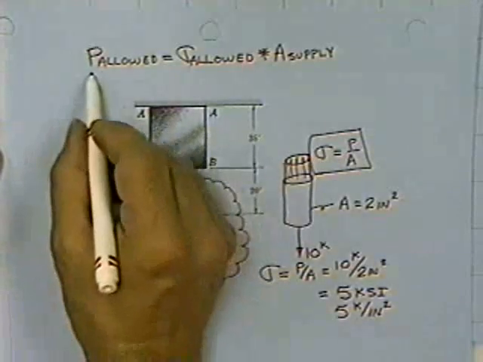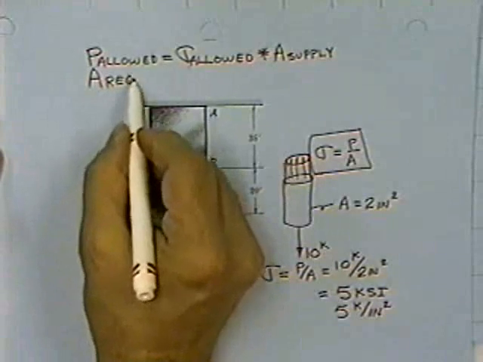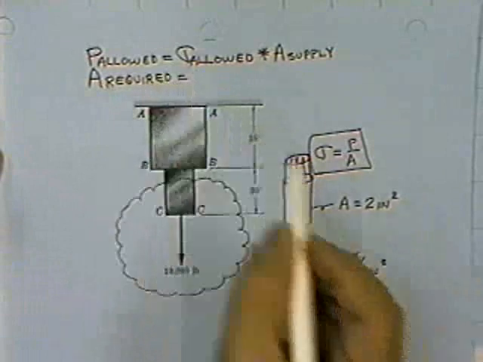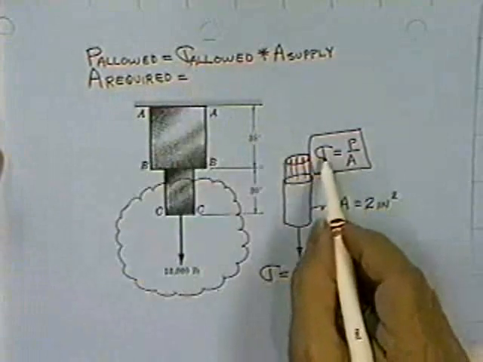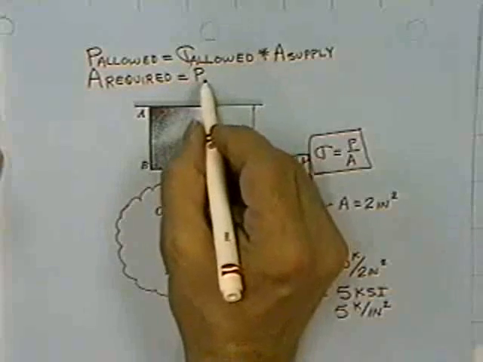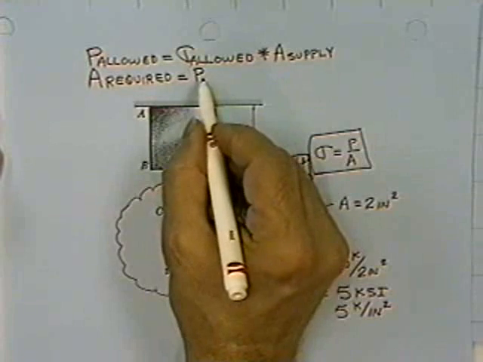And the last way, you could tell me how much area is required by simply solving for A is equal to P over sigma. That would be P, how am I going to say that? P put on the structure.